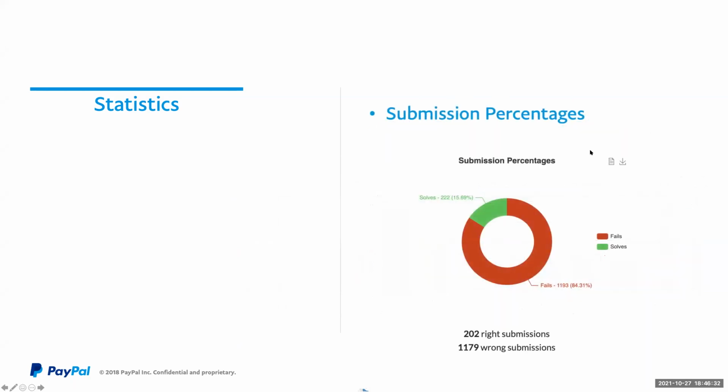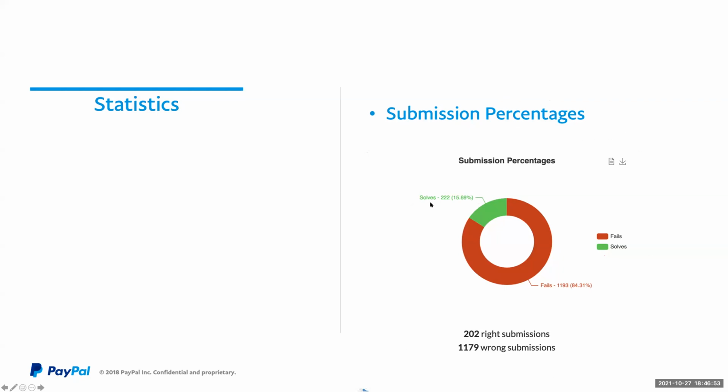Okay, this is another thing we need to discuss when we are playing CTF: submission percentage. In this CTF event, we didn't restrict the number of times you could submit a flag, but in a lot of real-world CTFs, they restrict submission numbers. Basically, they allow 3 submissions per challenge.